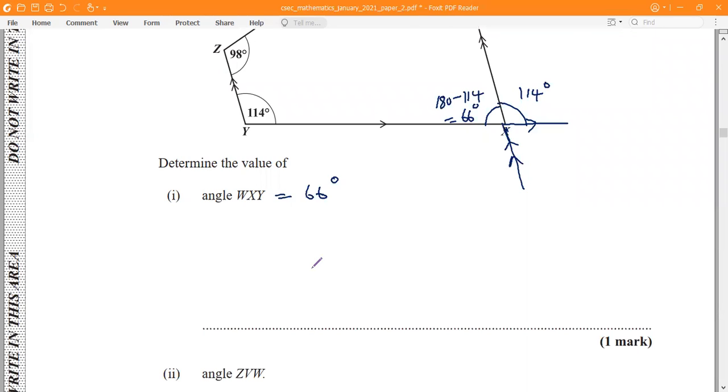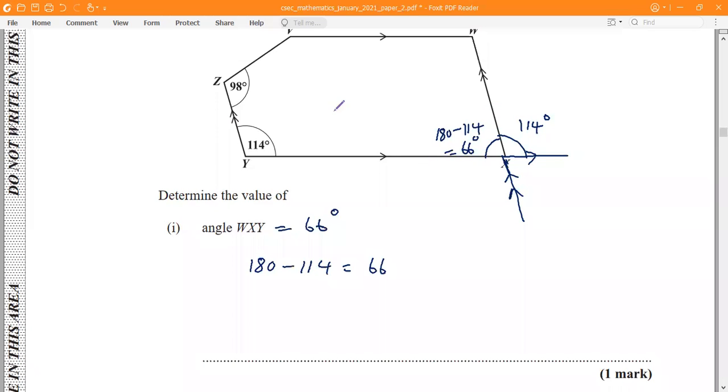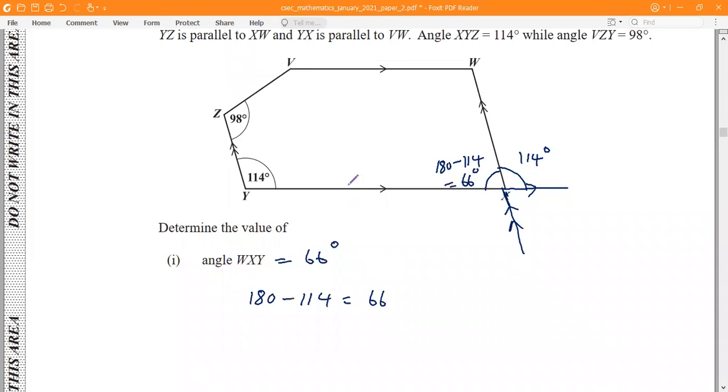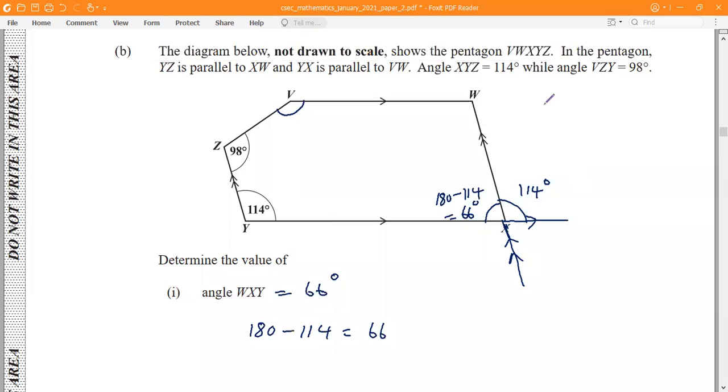The working was 180 subtract 114 equals 66. Now angle ZVW, they want us to work out this angle here. So we need to find angle VWX, which is up here.